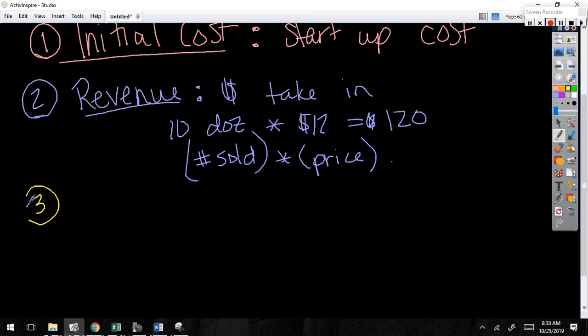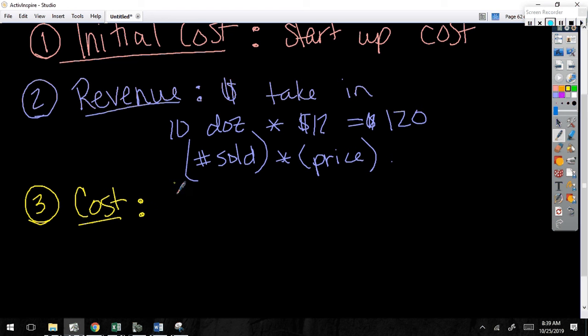You always have a cost associated with any type of business. It's not your initial cost, because remember that initial cost is like a setup. It's a one-time deal. I don't have to buy pans and bowls and spoons every single time. But I've got to buy the stuff to make the product. So that's where my cost comes in.